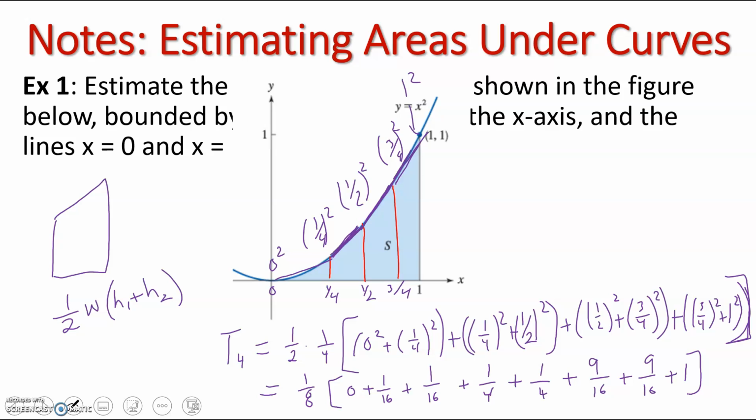And if I look closely, I'll notice that there's a whole bunch of 16ths. So I have 1/8, and then I have 1/16, 1/16, 9/16, 9/16. So I actually have 20 16ths. And then I have 1/4 and 1/4. So I have 2/4 and 1 whole.